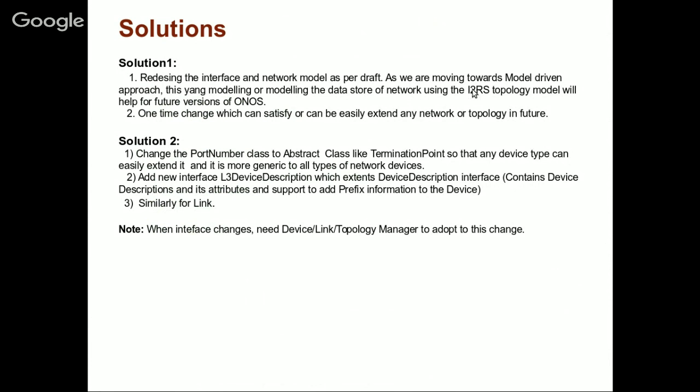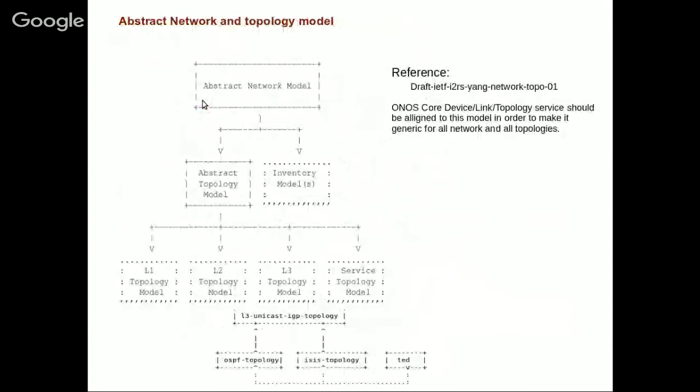Okay, so I thought if that is the case, we can use this I2RS YANG modeling only, so that this can be a more standardized way. One thing is this modeling will be more abstracted. If you see the modeling the IETF suggested for the topology, this is a more abstracted way. We'll have only the abstracted information visible to the application, and if any application wants to see the specifics of the topology, they can further see the augmented class, and from the augmented information, they can get the information of the corresponding layer.